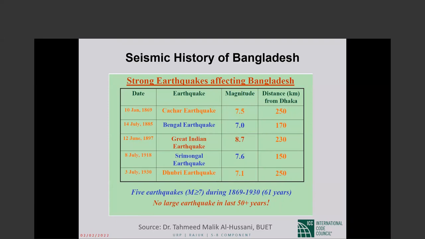The 1897 Great Indian earthquake, incredible, 8.7, 230 kilometers from Dhaka. 1918 Sri Mongol earthquake, 7.6, and Dhubri earthquake of 1930, 7.1. Now the thing is, the list stops at 1930. So from that point on, from 1930 until today, 91, 92 years have passed without an earthquake of that kind of a size, 7 or 8.